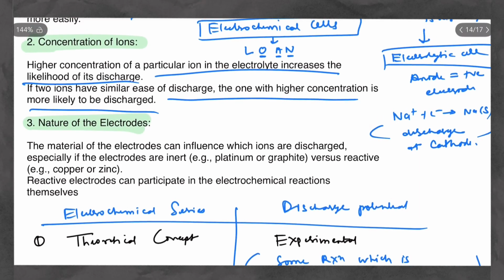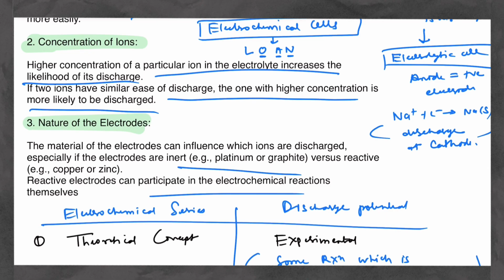Now the third factor, which is also important, is the nature of the electrode. What type of electrode are we using, because the electrode provides the surface. Some electrodes are very active, while platinum and graphite are not active. If we have an electrode which reacts, like copper or zinc, then copper and zinc also take part in the reaction.